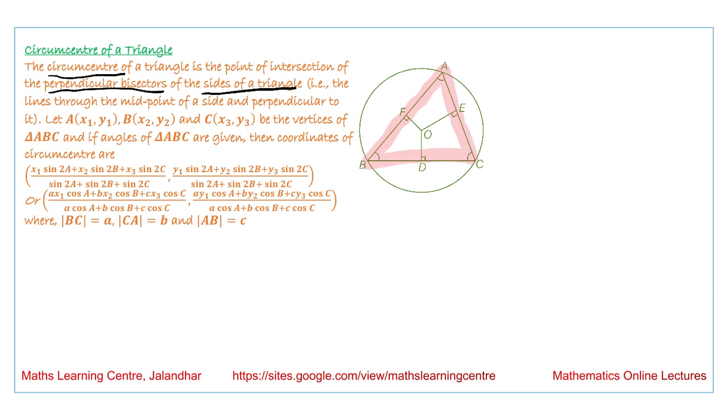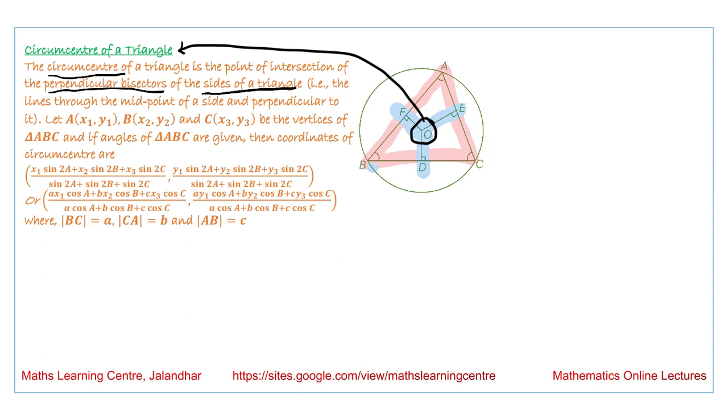The perpendicular bisector of side BC is OD, the perpendicular bisector of AC is OE, and the perpendicular bisector of AB is FO. These are the 3 perpendicular bisectors of the sides, and the point where these perpendicular bisectors meet is the point O we are talking about, and this is called the circumcenter of the triangle.